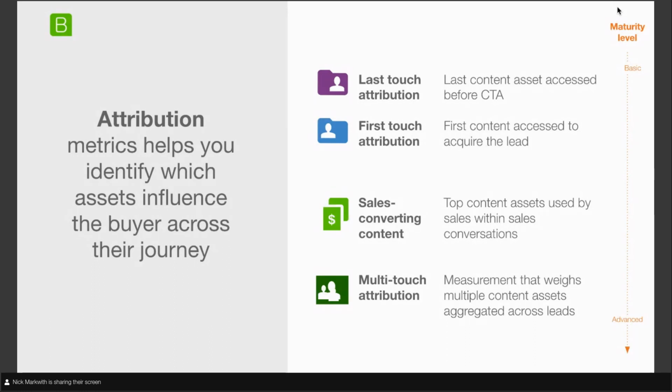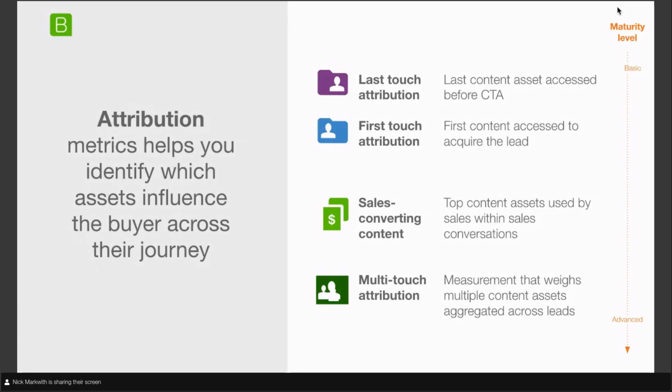Looking at multi-touch attribution, we can see which pieces of content were best for acquiring, while also helping nurture through before converting in terms of the last touch. So it gives you this fuller picture, and allows you to weight different content pieces and different parts of your journey depending on your needs.